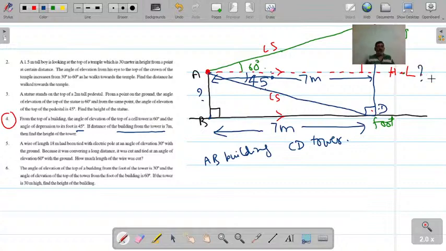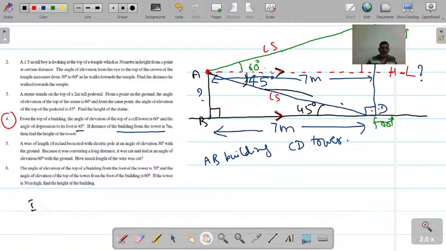Now how do we solve this problem? The first and foremost thing that we can do is, these two are parallel lines and this is a transversal. So if this is 45 degrees, this angle will become 45 degrees. Now you observe this right angle triangle ABD.